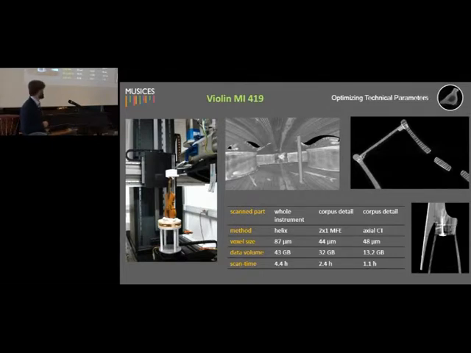The dataset will be something like 43 gigabytes. This is a bit hard to handle with a usual computer, but with a workstation it's possible. And you can use the quality of the pictures for dendrochronological dating and wood analysis. You can even see that the wood of these parts in the violin is different. So you can have a lot of information about the instrument.